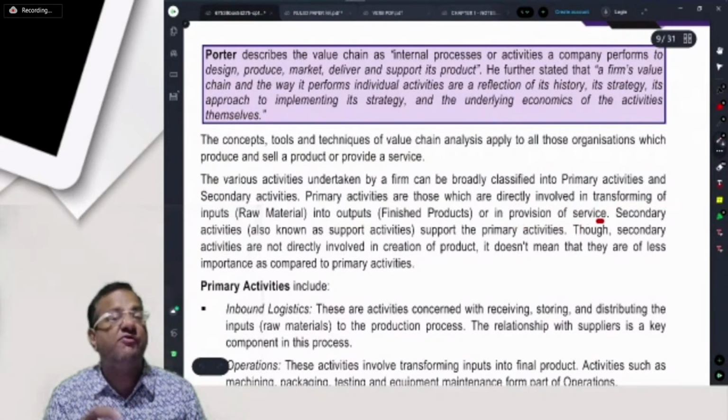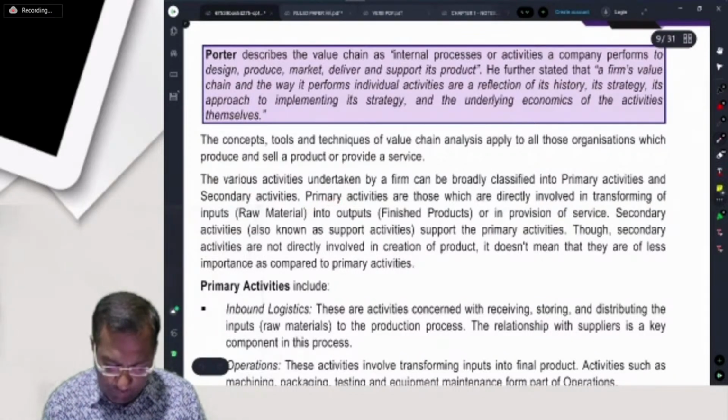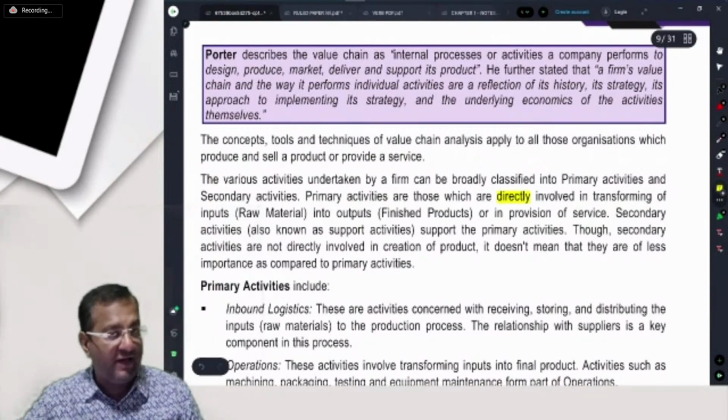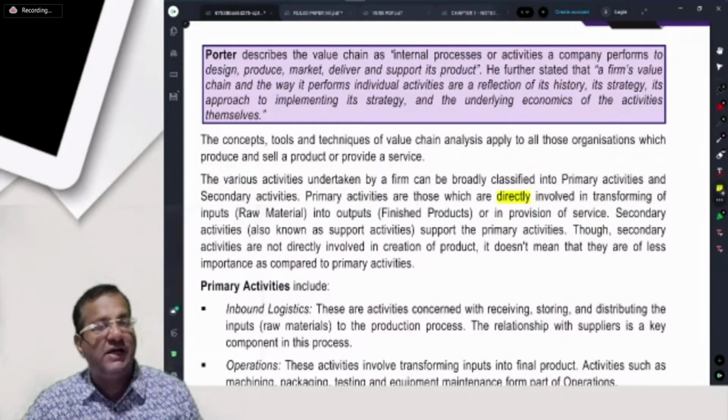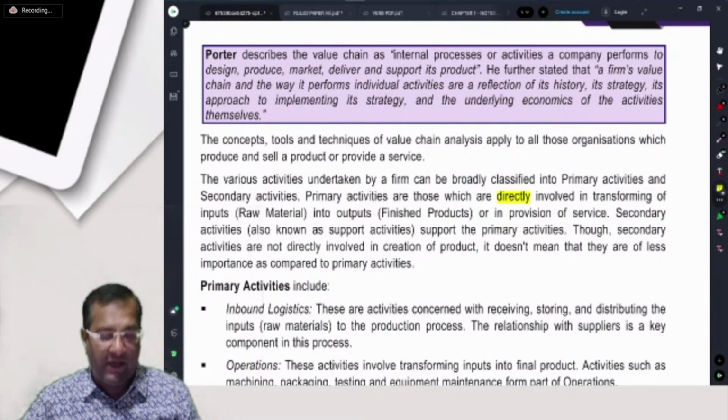It is for service sector. So the definition is very simple. The most important word is directly involved, not indirectly involved. The activities which are directly involved in converting input into output is known as primary activity.